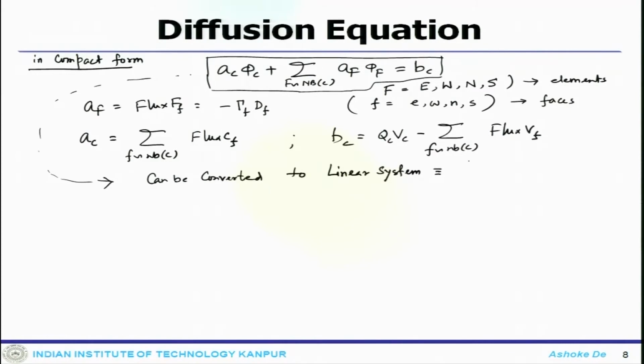That means we can write Ax equals B in this form, and once you write it in Ax equals B form, you use your linear solver to get the solution.